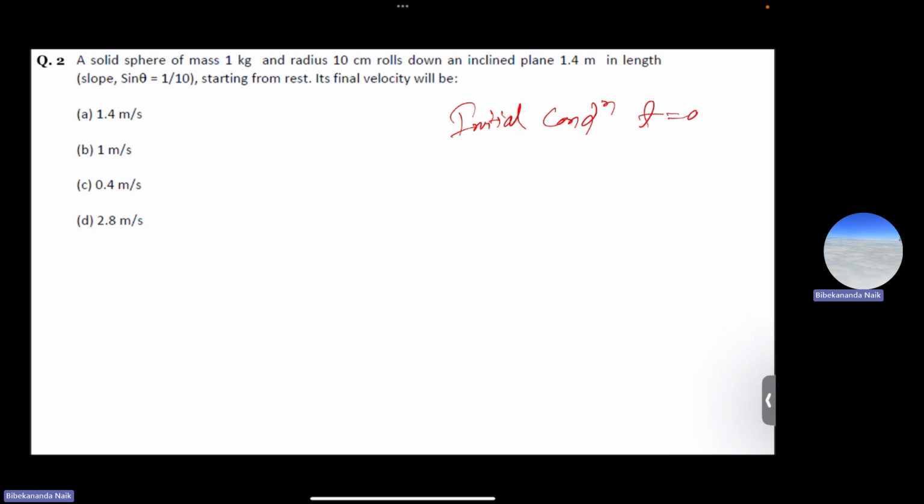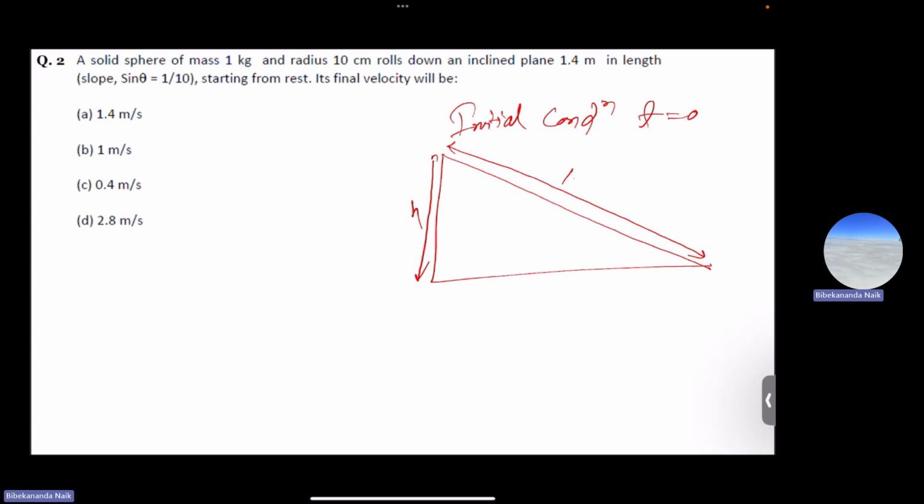So suppose this is an inclined plane, and this is height h, the height of that plane, and the length of the incline is 1.4 meter, and the slope is given. So this angle is theta, and sine theta equals 1 by 10. And initially at t equal to 0, the sphere is present here.